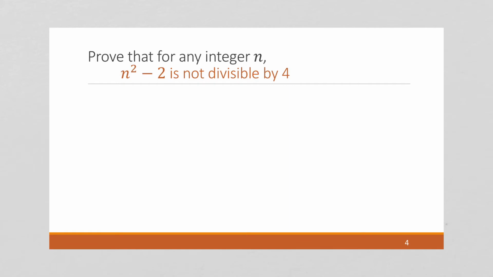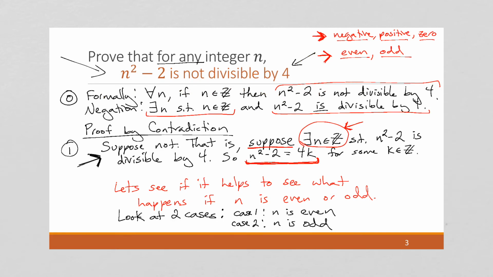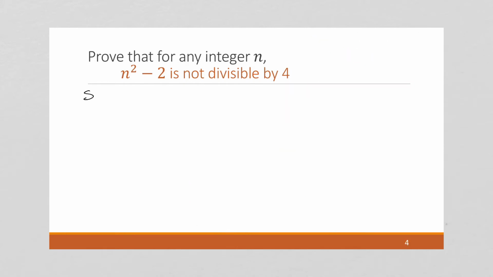Actually, I'm not. Instead, we're going to jump straight to the two cases. But remember, what we're supposing is that n squared minus 2 is equal to 4k for some integer k. Suppose n squared minus 2 equals 4k for some integer k.